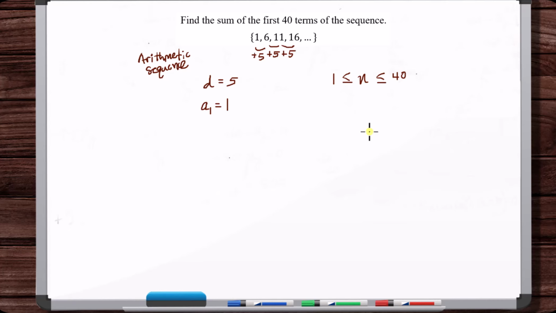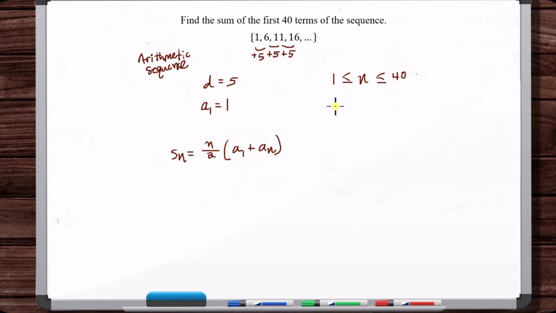So for the sum of the first 40 terms, we're going to want to use that arithmetic sum formula.